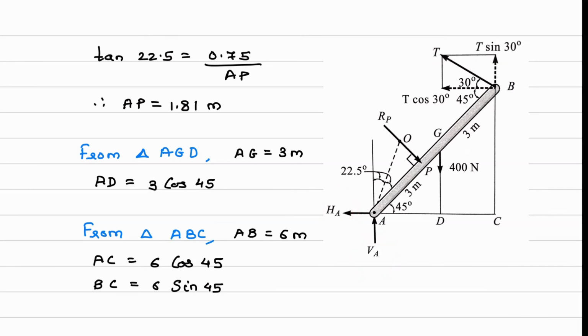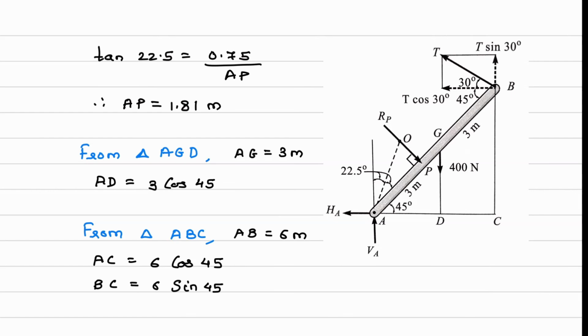So first, out of the three equations, we will take summation of moment about point A equal to 0. Because this HA is passing through point A and VA is passing through point A, the moment of both forces will be 0. RP we have already calculated, so the only unknown is T. So we can calculate T. That is why we have to take moment.